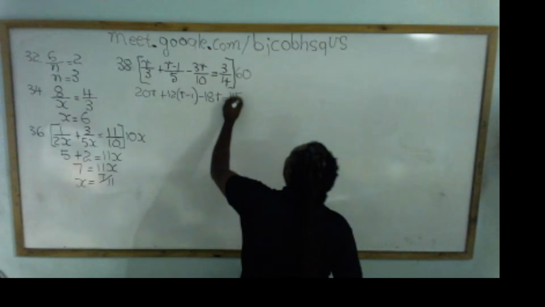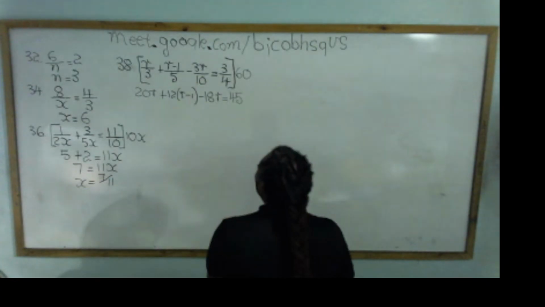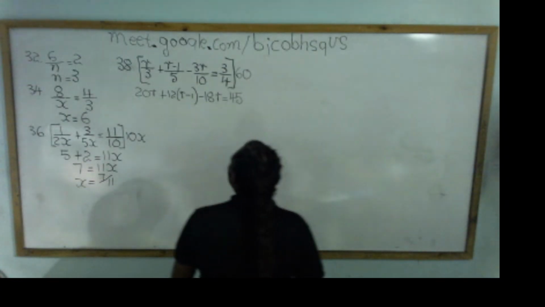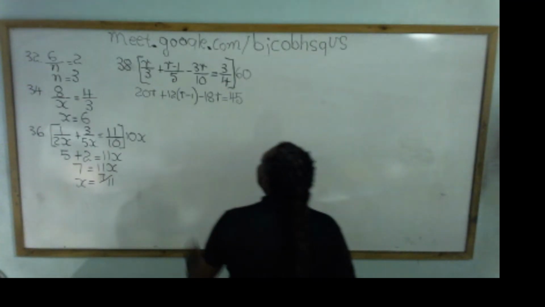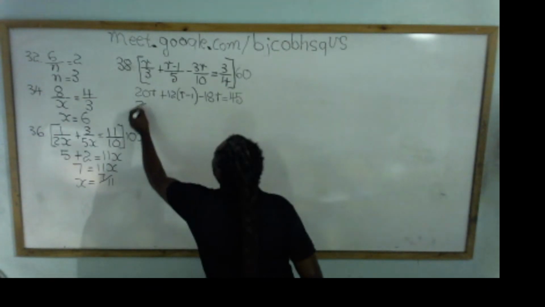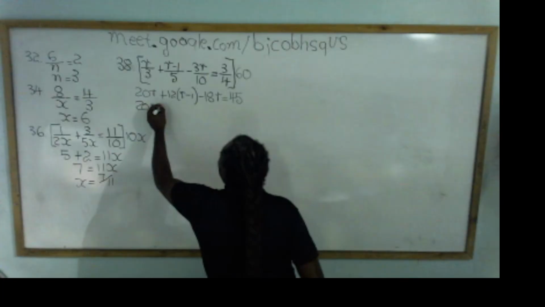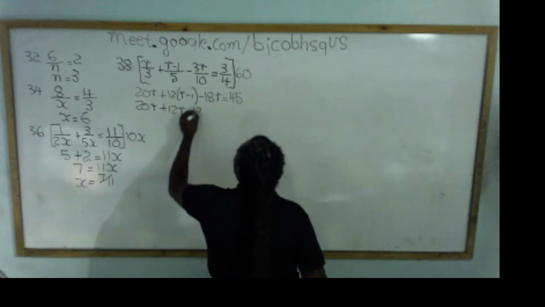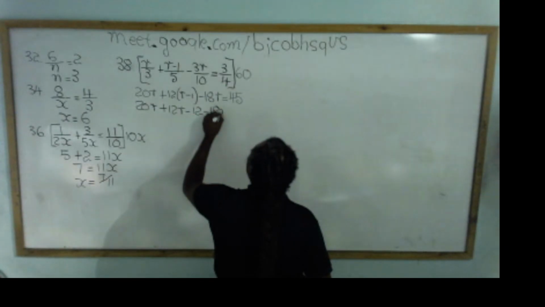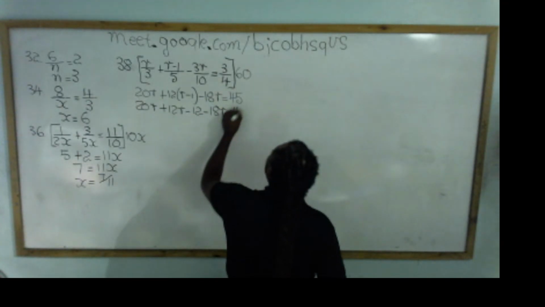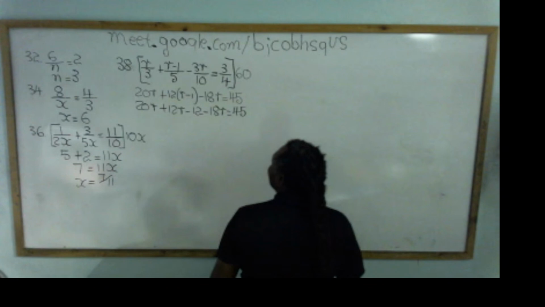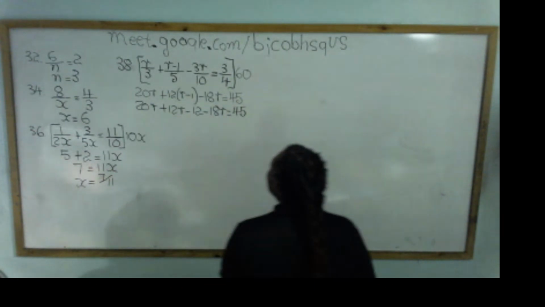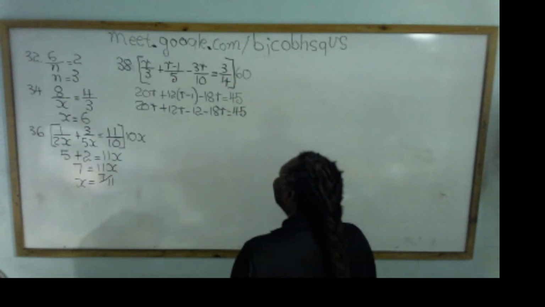Well, I hope that one turns out to be very nice. More in hope than any real conviction. 20R plus 12R minus 12 minus 18R is equal to 45. That's nice. No, it's not going to turn out to be nice. Not at all.